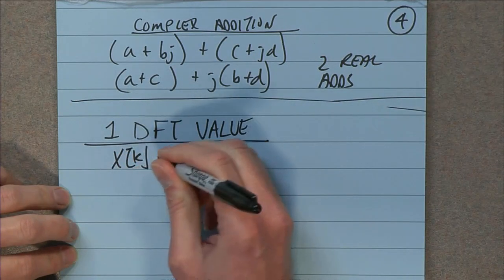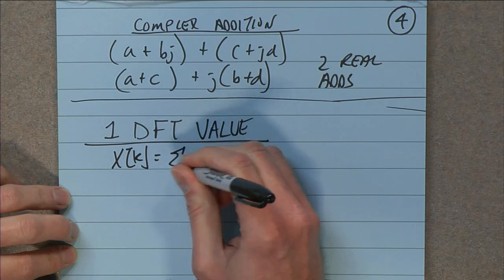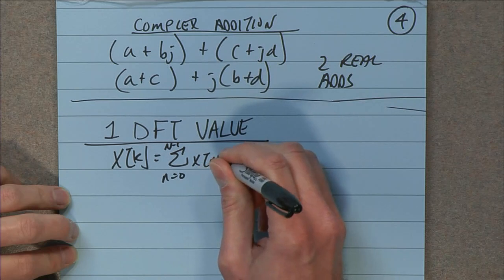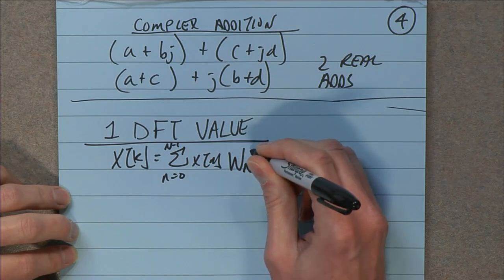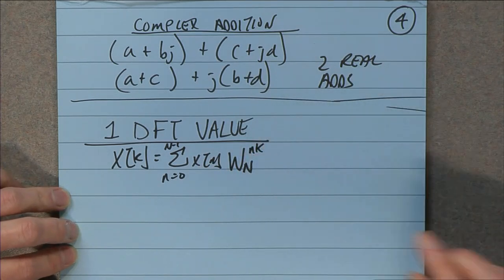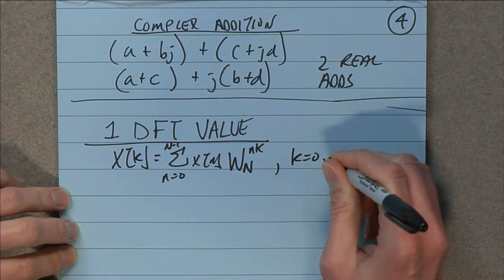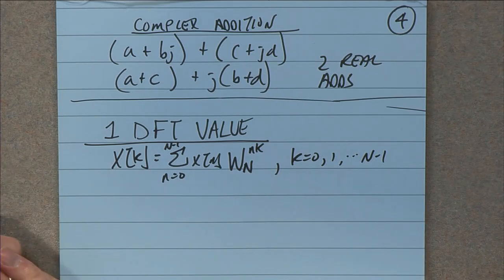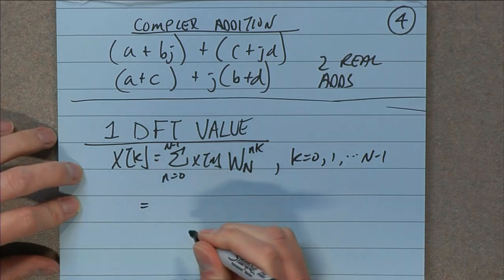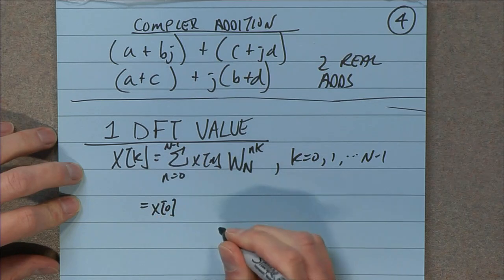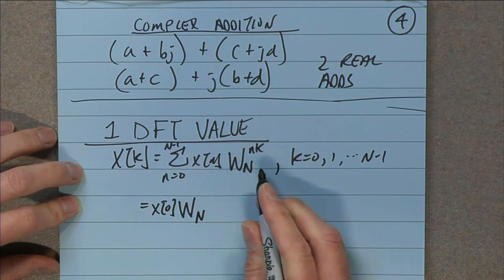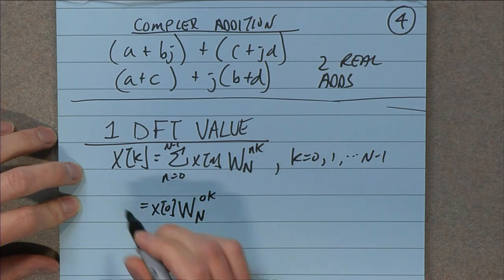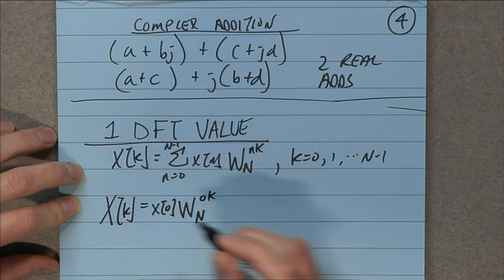So we go back to our handy formula, the sum from n equals 0 to N minus 1 of x of n, this time using our shorthand notation to make things quicker to write down. So we've got our expression. Well, let's expand it and just look at the terms. So x0, the very first one, well, n is 0. K could be anything, not that it matters for that term.